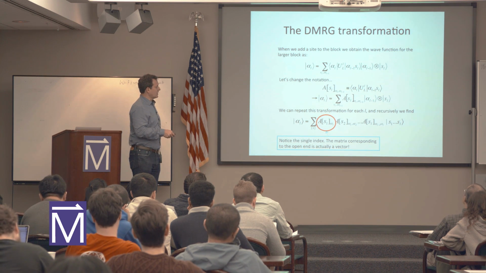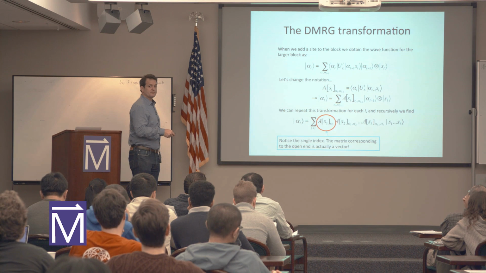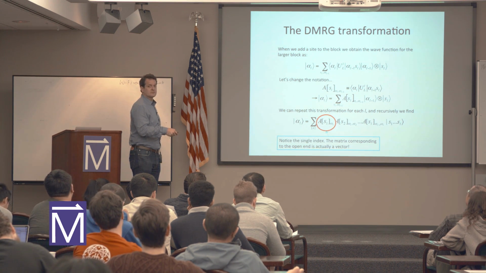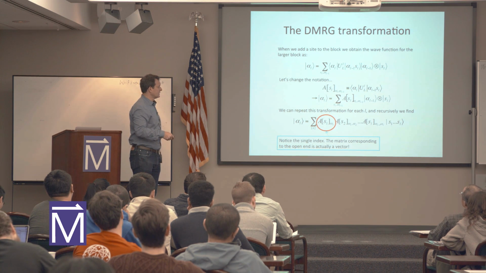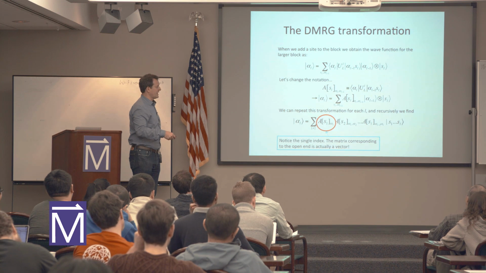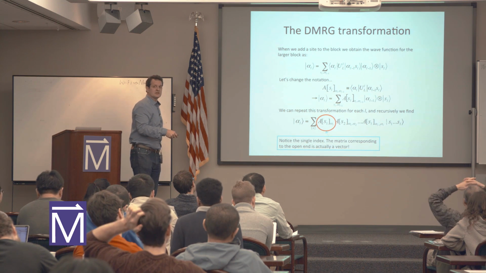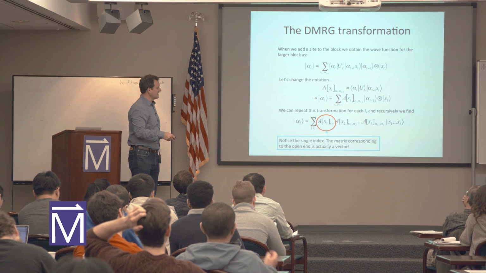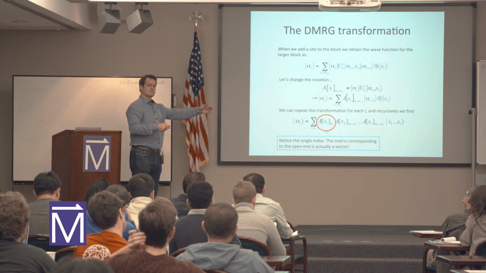I can do the same for alpha L minus 1 and write another A for alpha L minus 1 and alpha L minus 2. So I can do this recursion all the way, and I end up with the product of matrices A's here. As you can see, at the end, I end up just with single spins.